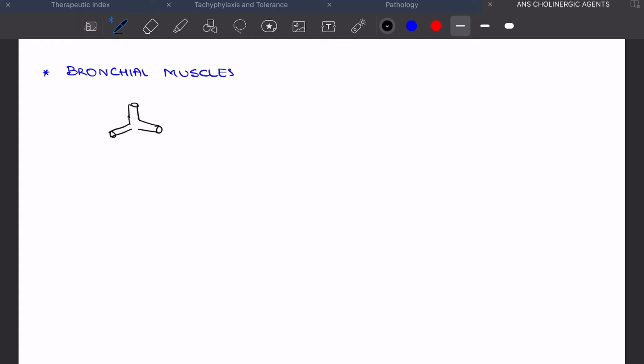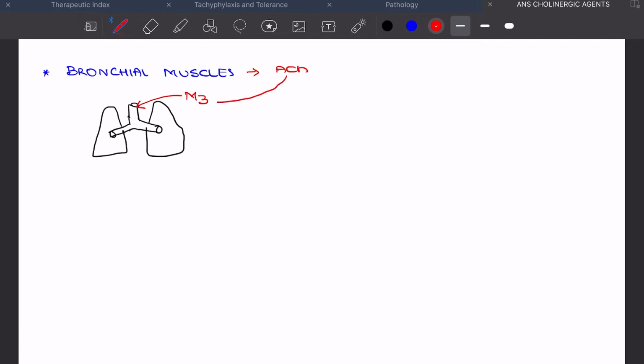You can show a bronchus and a lung. Here in the bronchus you have M3. What is happening once you give acetylcholine, which is the prototype drug?